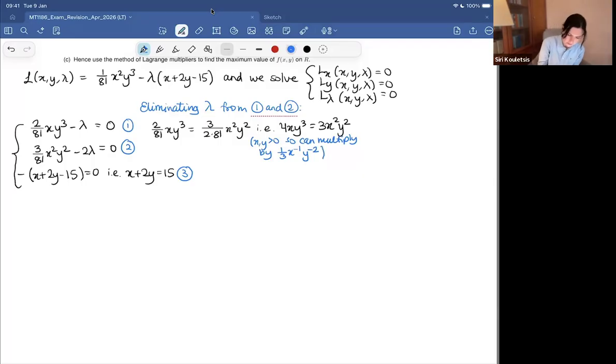So let's see what that gives us. I'm then left with 4 over 3y on the left-hand side and just x here on the right-hand side.